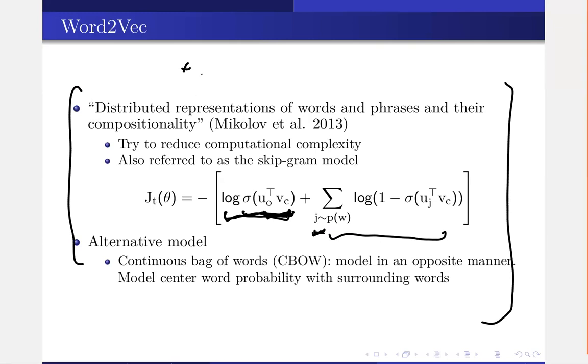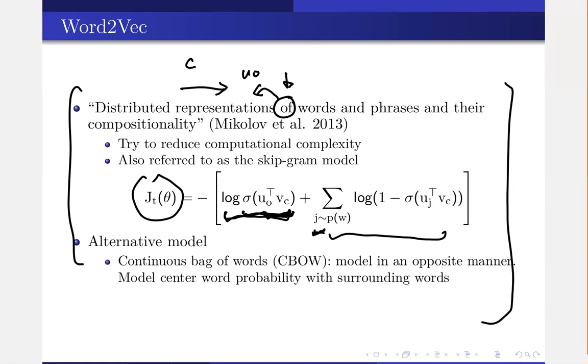You have C, the center word, moving around here, and then I look at the window around the center word. If this is the UO here, I should update my UO and VC based on trying to minimize this loss.